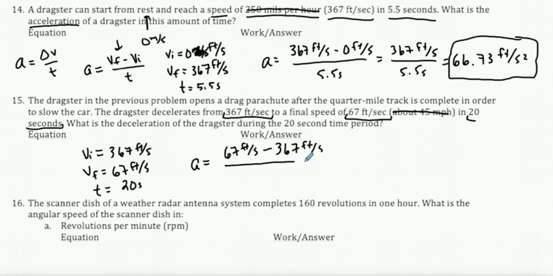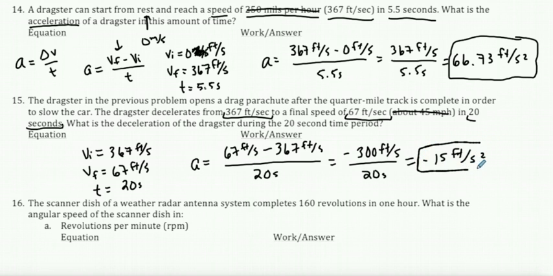And then our time is 20 seconds. So let's simplify this down a little bit. So 67 minus 367, that's negative 300 feet per second over 20 seconds. And then we put that in our calculator if you need to, but that's going to give us a negative 15 feet per second squared. So that is our deceleration when that dragster is slowing down.